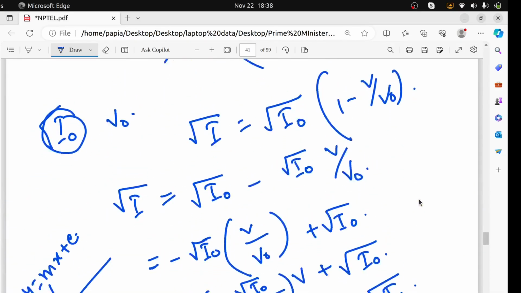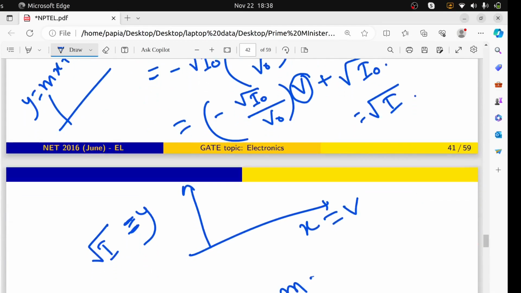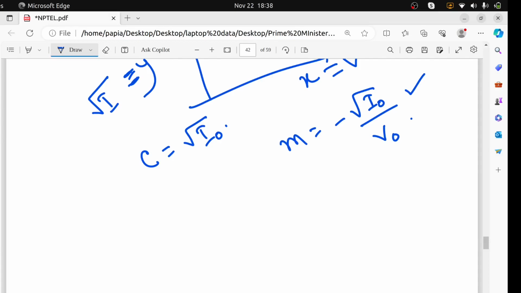So if I just plot root over I versus V, then our m will be minus root over I0 divided by V0, correct? And our intercept c will be root over I0. Okay. Now we got the expression of V0 and root over I0. In that question they were asking what will be the expression for V0 and I0.